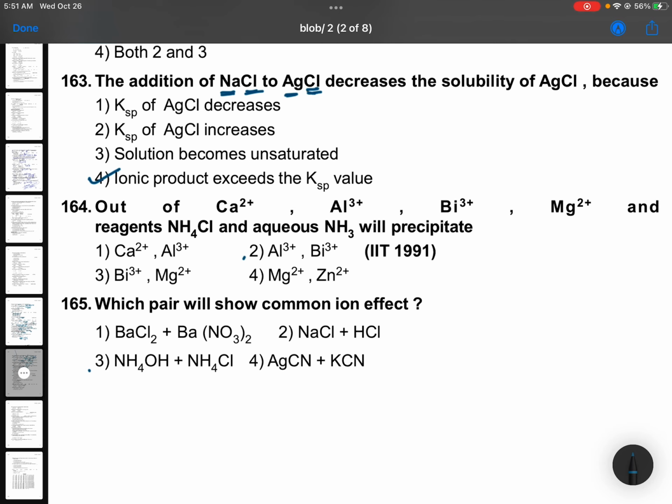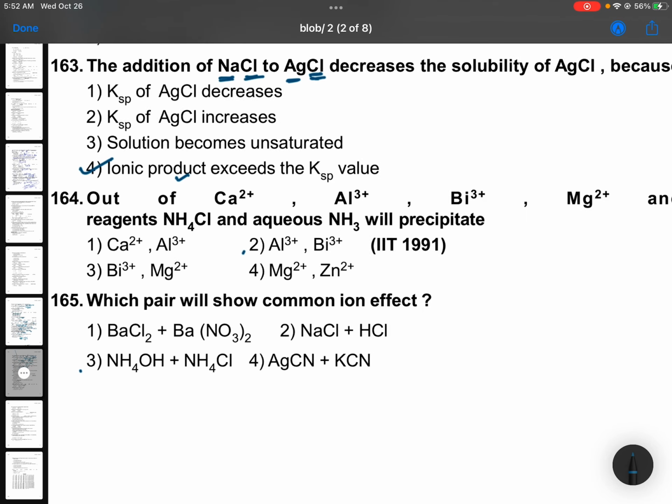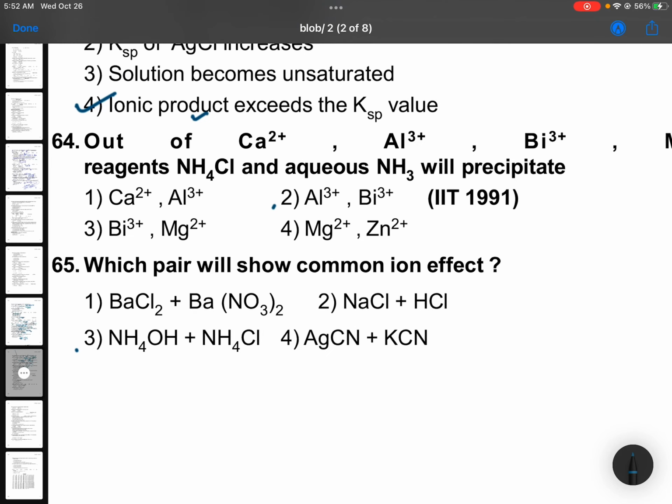Chloride concentration is increased now. When ionic product is more, precipitation is easily done. If solubility product is more than ionic product, soluble. In this case, you are increasing the chloride concentration, so ionic product is more than the Ksp value, so solubility decreases.